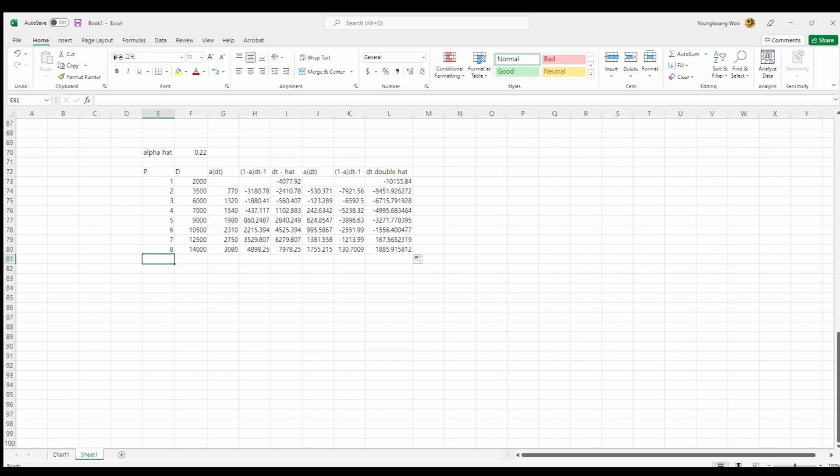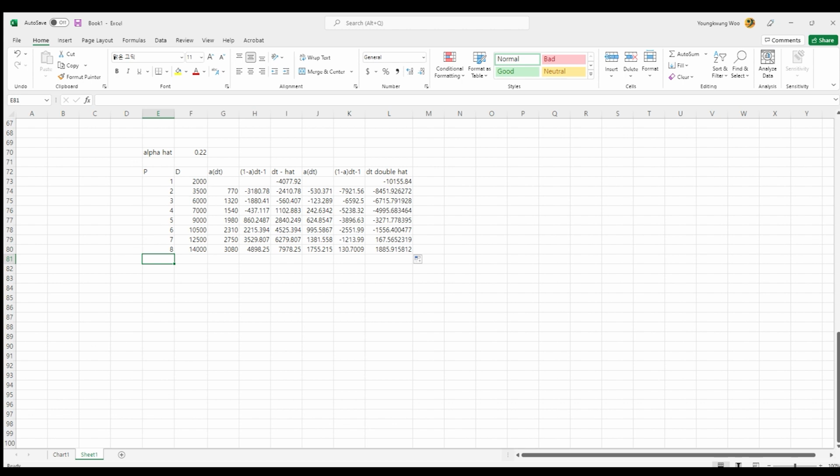And this one is A. Now the expected demand on period 9 will be, just add up these two values that we just calculated, which is gonna be 293.